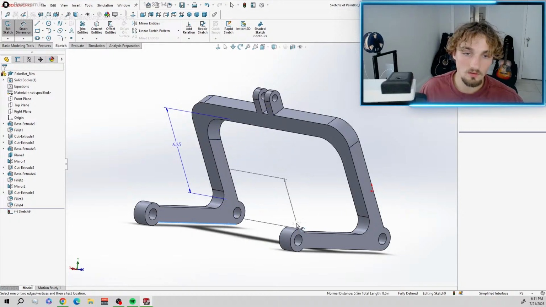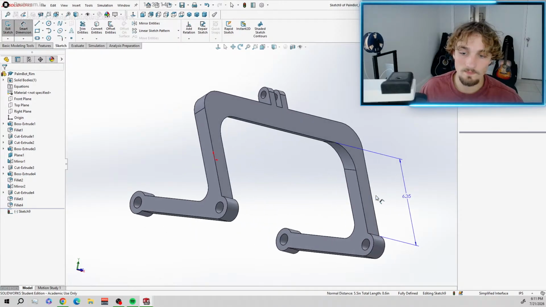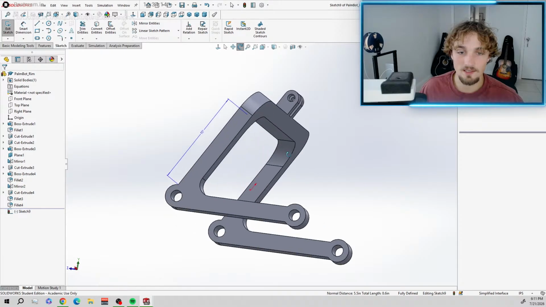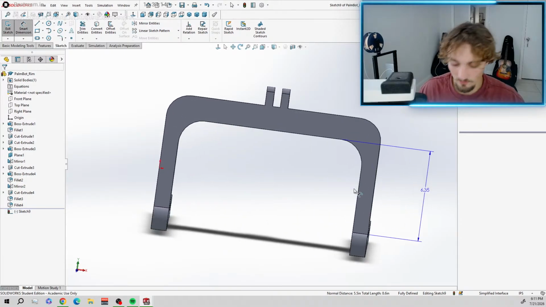How? How is that the result? I guess I can use 6.35. I mean, we can figure that out then. That's probably fine, just like a 5-inch wheel. I don't know, maybe 6-inch.